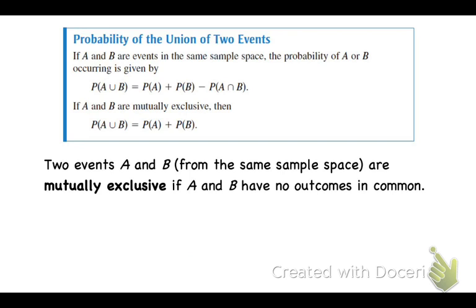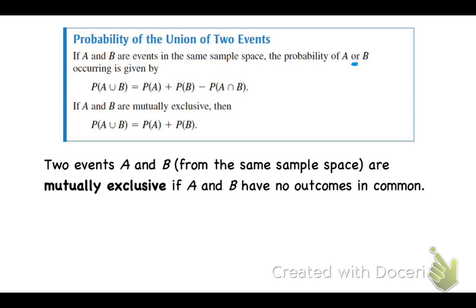Anyway, so let's go back. So, the probability of the union of 2 events. A and B are 2 events in a sample space. The probability of A or B occurring. Okay?